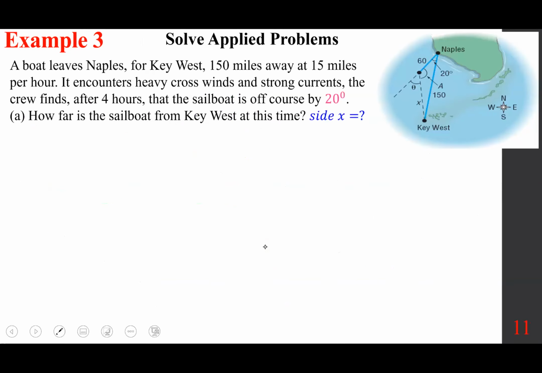All right, a couple of applied problems. Could somebody read this, please? Go ahead, class. Could somebody read this, please?